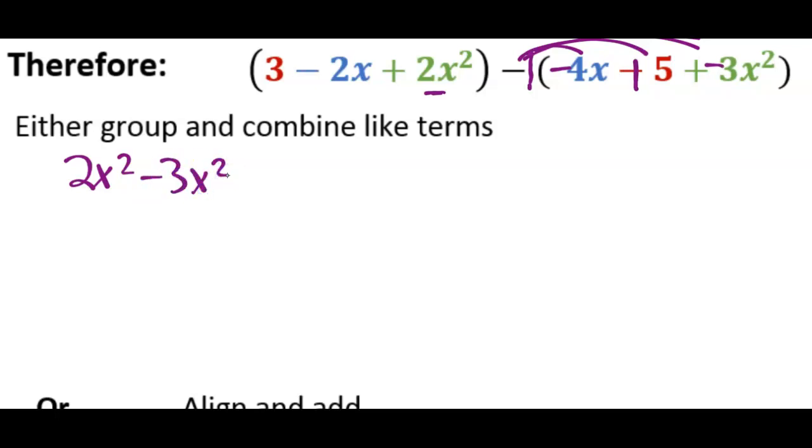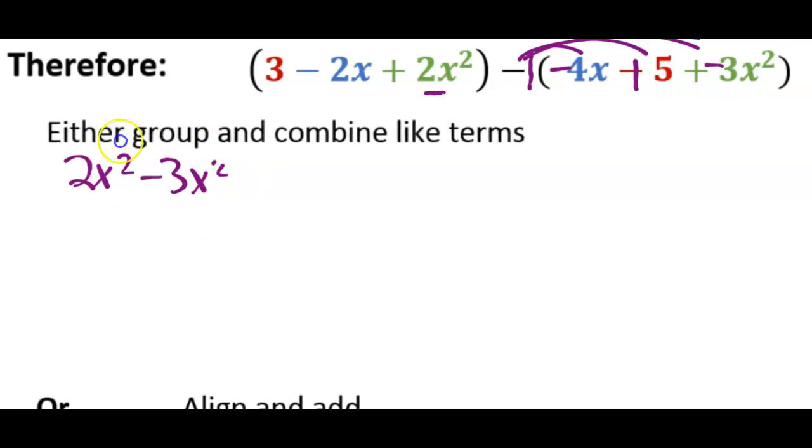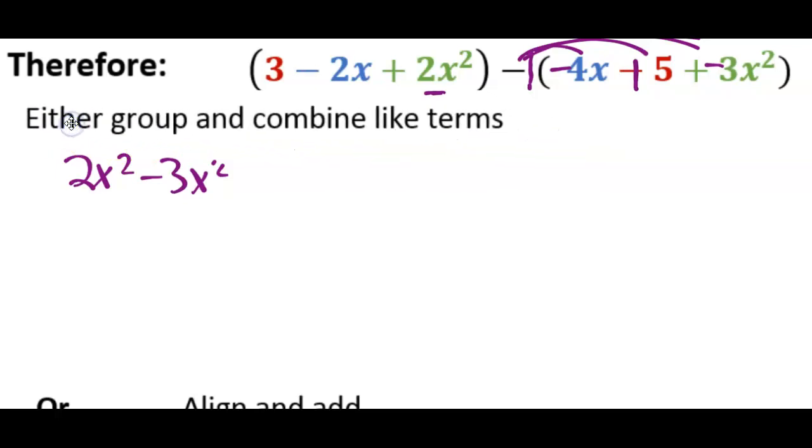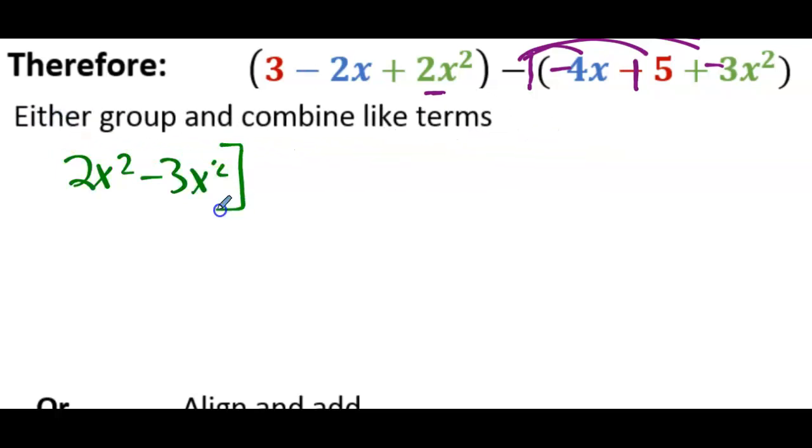Okay? Then I should have made those green. So I've got those combined now that they're green.